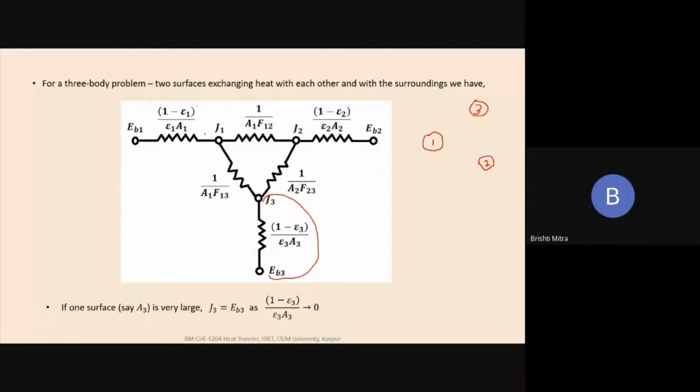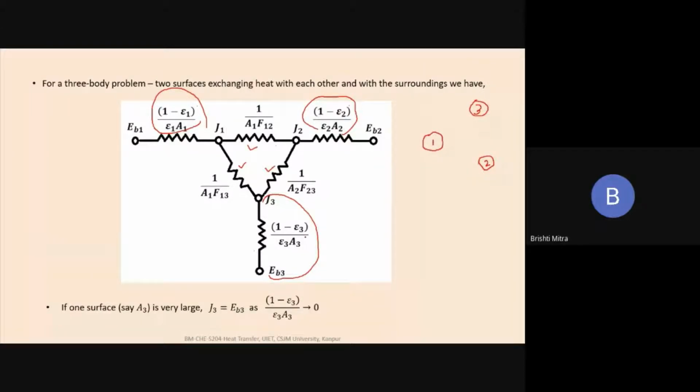And this is the interaction between body 1 and body 3, and this is the interaction between body 2 and body 3. So there are different kinds of interactions. This one, this one, this one, and this one are all space resistances. And this part and this one are all surface resistances. This is the surface resistance of body 1, this of body 2, and this of body 3.